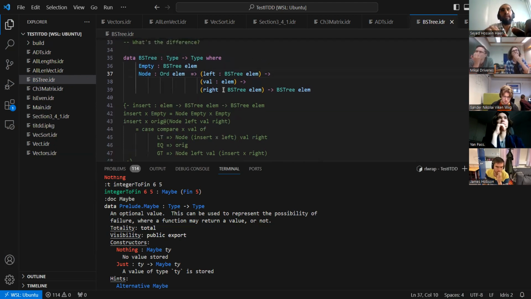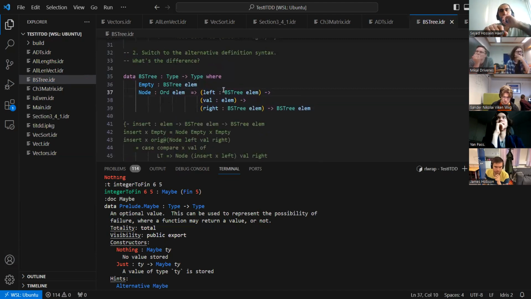Now, if I'm allowed to amend my answer, there is only one term of the empty, which is a constructor of BS tree for each LM, for every possible type LM. There's only one empty. Okay. Thank you.